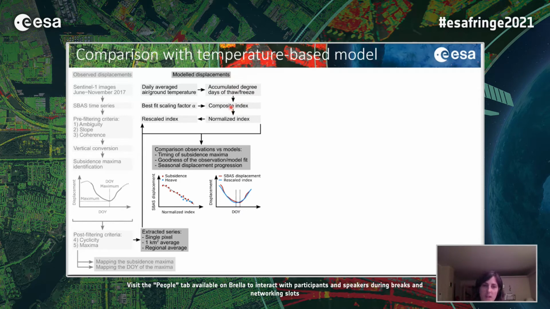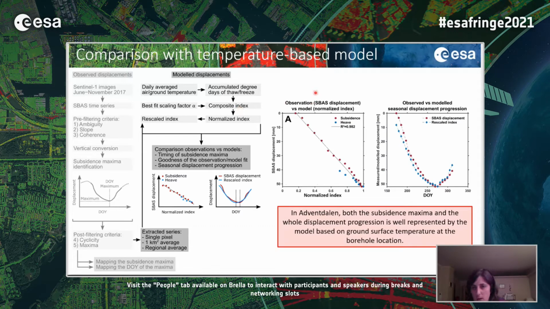And to compare this with InSAR, given different scales, we normalize the index by its maximum value, and then rescale it by multiplying the values by the maximal InSAR displacement. And this gives a result like that.